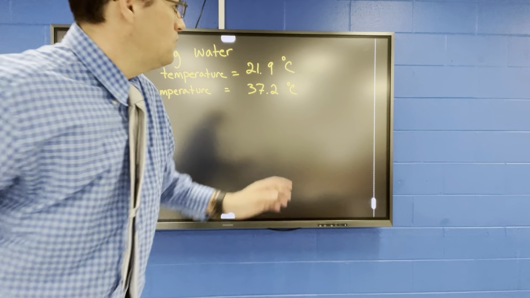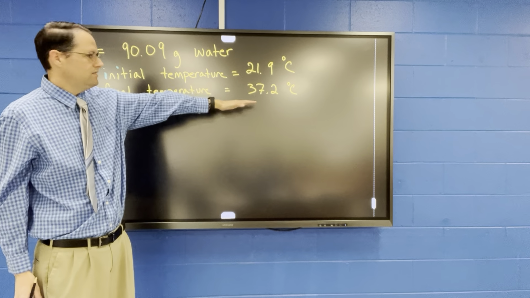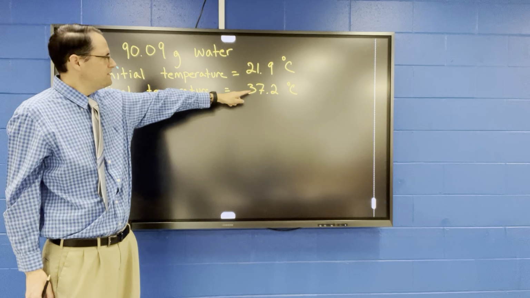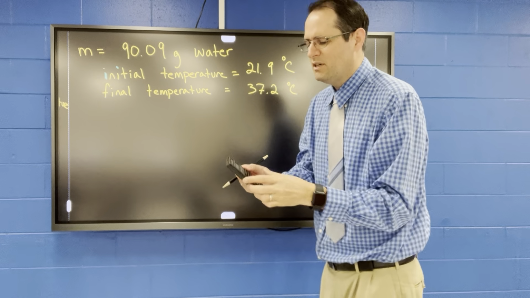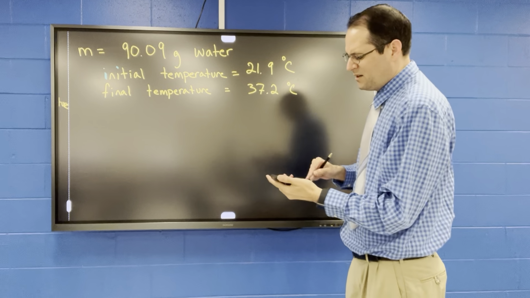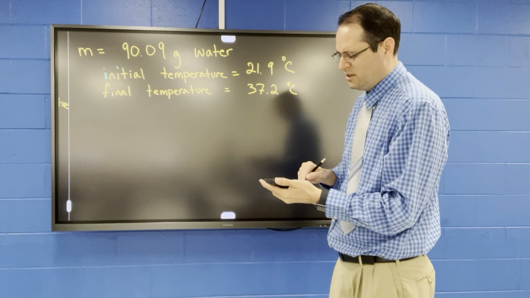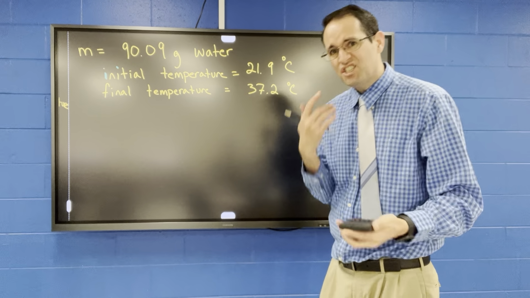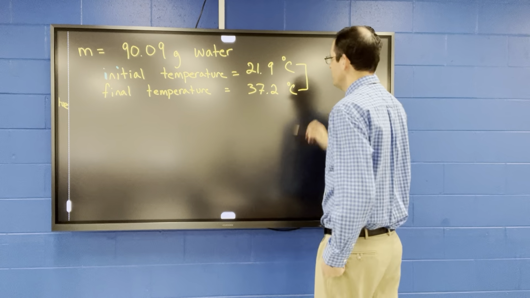Okay, so to calculate the change in temperature, you want to calculate this difference, okay? So this is the final temperature and this is the initial temperature. So again, there's a little bit of math here, but follow along. So we're going to take the higher number here, 37.2, and subtract the lower number, 21.9, and our change in temperature is 15.3 degrees Celsius, okay?